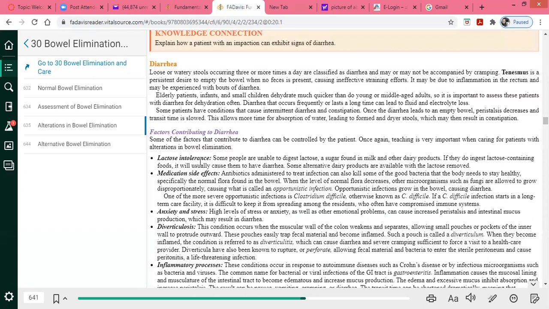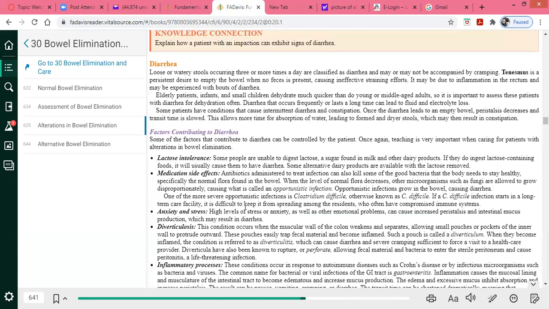Anytime you hear an "ose" at the end of a word, you want to think sugar. Lactose is the sugar found in a lot of dairy. Typically, dairy itself, the calcium, causes constipation, but due to lactose being in it, if you are lactose intolerant, it's going to cause diarrhea.